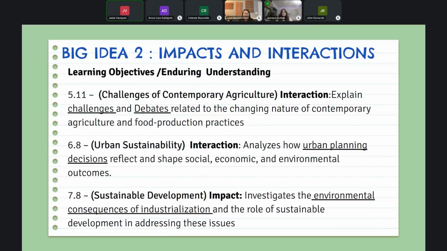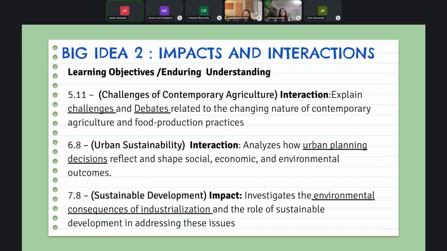These are other examples of learning objectives that are also impacts and interactions. Here we have an interaction with challenges and debates related to the changing nature of contemporary agriculture. Then in topic 6, lesson 8, urban sustainability, there's an interaction here that I'm like, okay, guys, this is interaction. Analyze how urban planning decisions reflect and shape social, economic, and environmental outcomes.